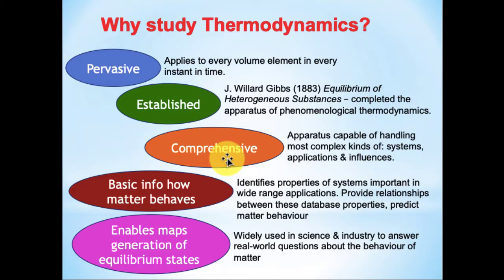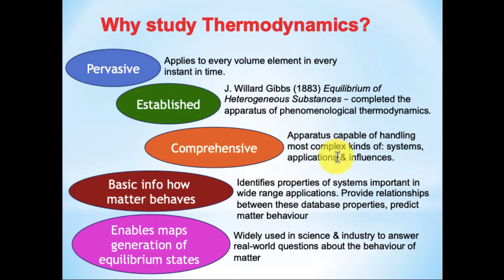Thermodynamics is comprehensive. The apparatus is capable of handling the most complex kinds of systems, applications, and influences. So these systems here means something like metals, ceramics, polymers, composites, solids, liquids, gases, solutions, and crystals with defects.